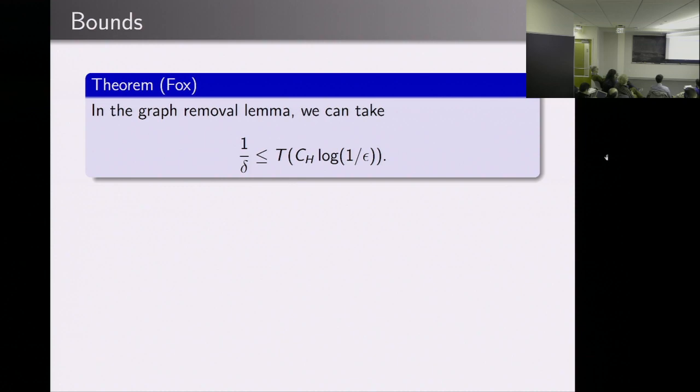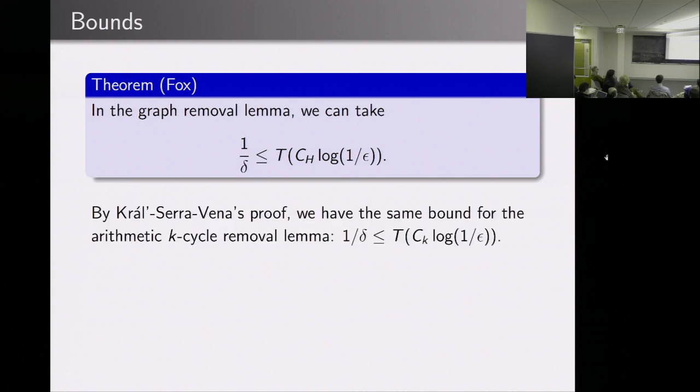For any fixed graph H, you can get a bound on 1 over delta: instead of a tower of 2's of height polynomial in 1 over epsilon, it's log 1 over epsilon. Depending on your point of view, this is a huge improvement, though it's still a tower function, but it's definitely smaller for any epsilon. And then by Kral-Serra-Vena's proof, we get the same bound for the arithmetic k-cycle removal lemma: a tower of 2's of height log 1 over epsilon, with a constant depending on k.